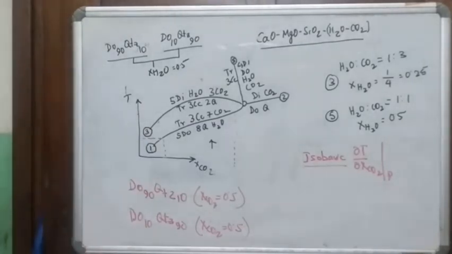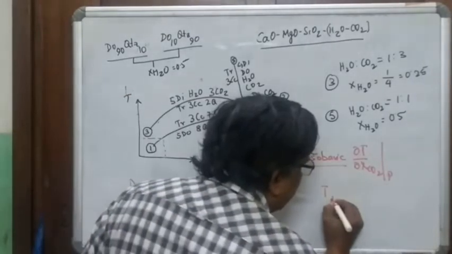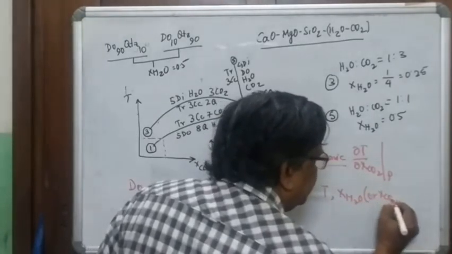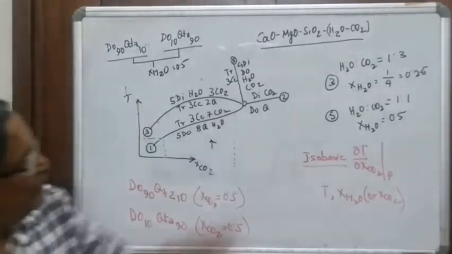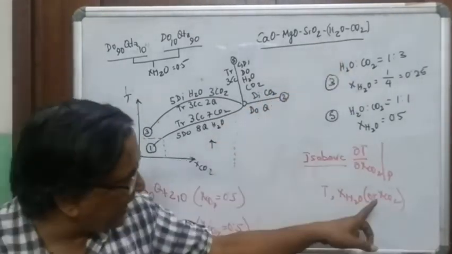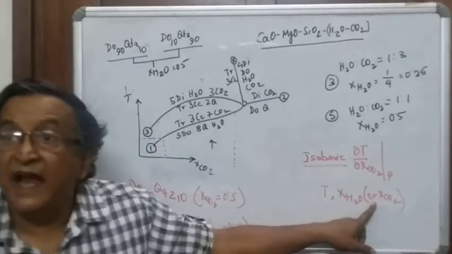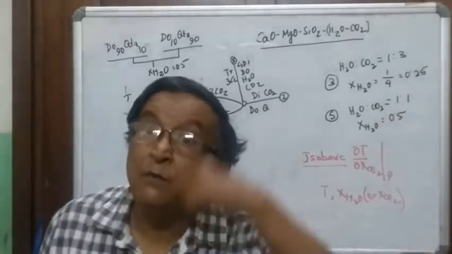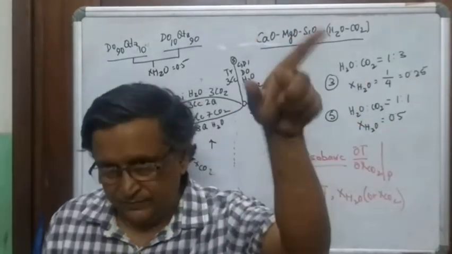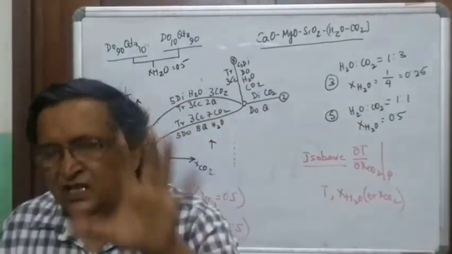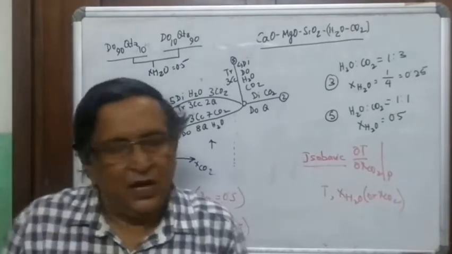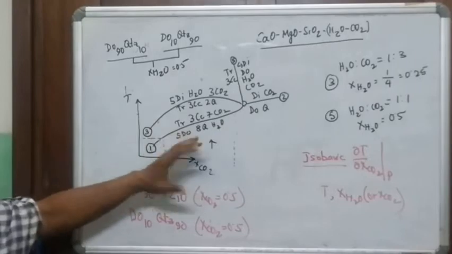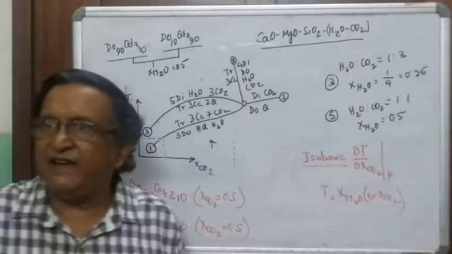So at this point, your variables are temperature and XH2O or XCO2 for the fluid present situation. If it's fluid absent, this will go off and XCO2 will come in, and one more metamorphic variable, unknown, comes in. This is very, very important. So wherever you have fields, no reactions, you have higher variance.